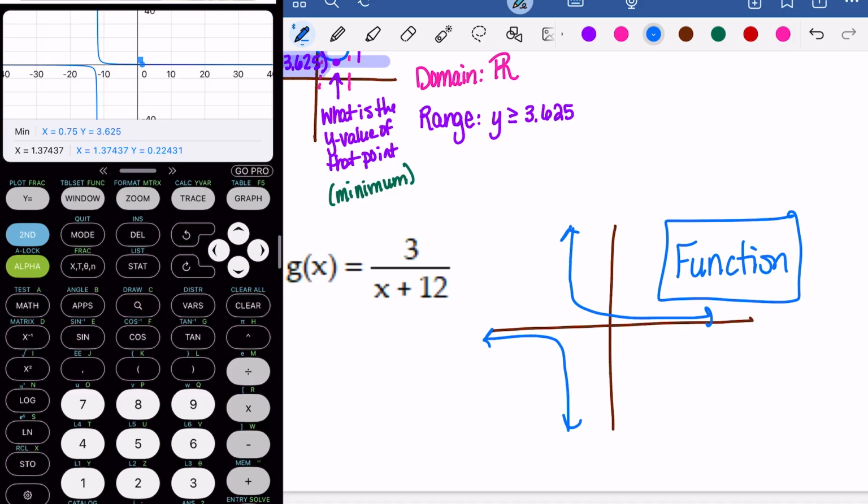Now we need to figure out our domain. Well, a question like this where we have a fraction, we have this graph and it looks like it's going over here in this negative x direction forever, and then it looks like it's going over here in this positive x direction forever.